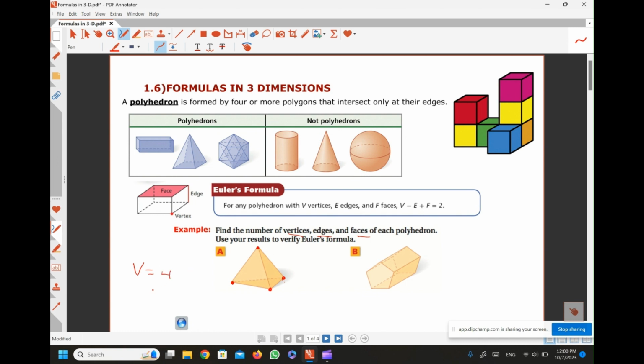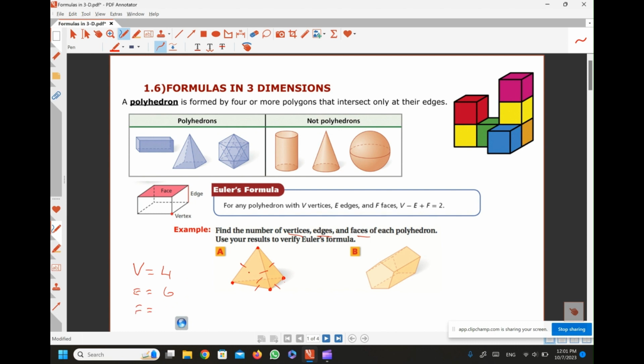Number of vertices is 4. What about the number of edges? This time we're going to count the sides. 1 side, 2 sides, 3 sides, 4 sides, 5 sides, and here at the back we see one more side, 6 sides.